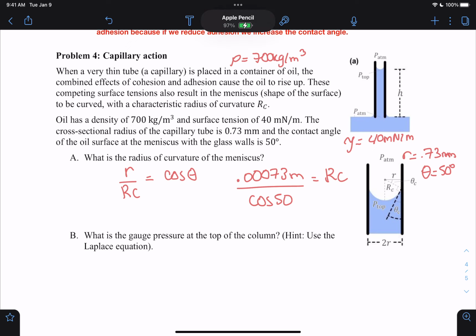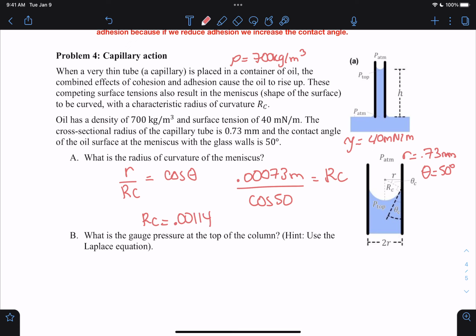Hold up, maybe I did something wrong here. Oh, I see, I forgot the zeros there. One second, let me just do that again. Cosine 50 is 0.64, okay, 0.00073 divided by 0.64. Yeah, 0.00114 meters for your radius of curvature.